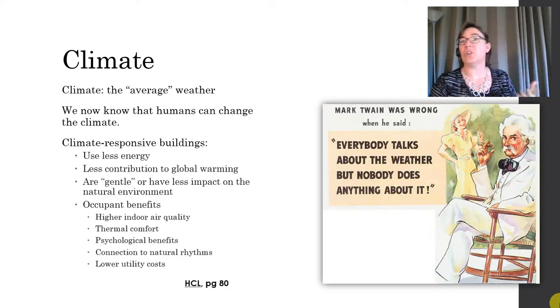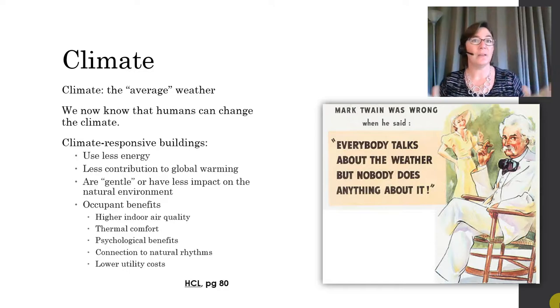They are, quote, gentle, or they have less impact on the natural environment. And interestingly, they also have some positive benefits for your occupants. Mainly, there is higher indoor air quality, mostly because of increased natural ventilation, and more attention paid to thermal comfort.